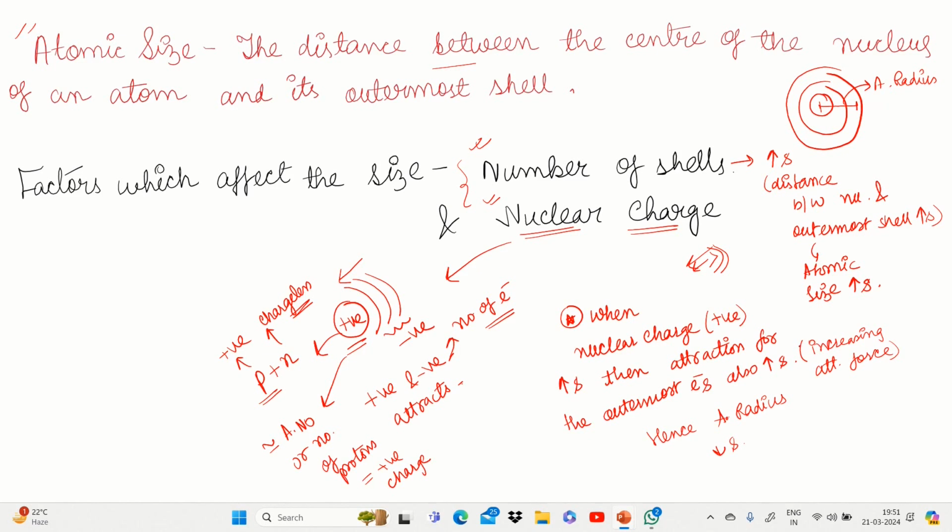So this is your increasing attractive force, and hence atomic radius will decrease. Why? Because the attraction is happening, therefore automatically the size will decrease. This is the attraction between the positive and negative charge. The pull takes place, and thereby the size decreases, and this is how these two factors affect your atomic size.